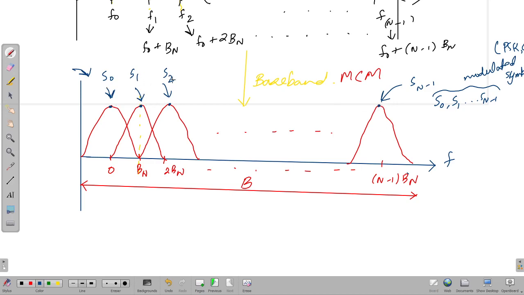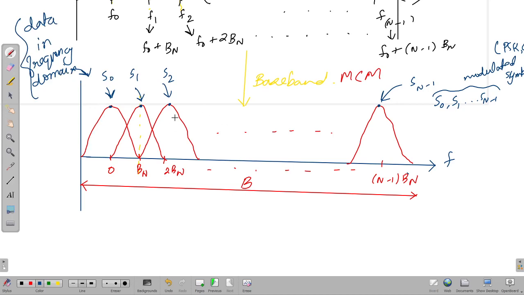So S0, S1, S2 are the values of this signal at these points, or you can see that as frequency domain data, or data in frequency domain.